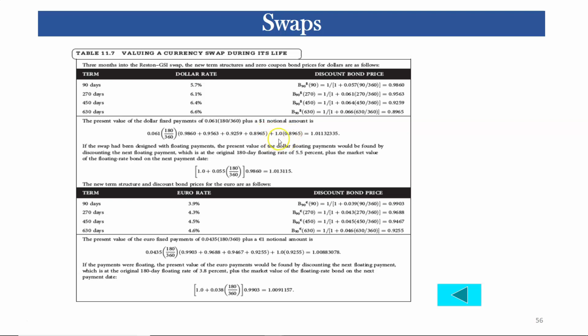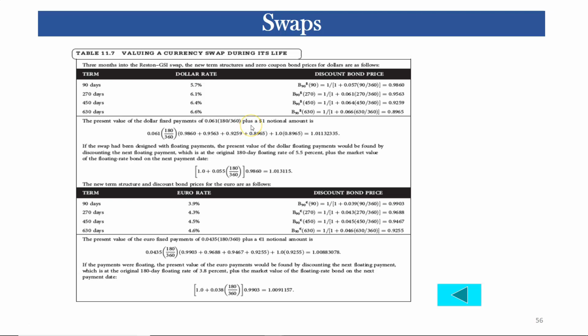So the present value of the interest on $1 at 6.1% over the term of the bond, that is the swap, plus the present value of $1 principal is equal to the present value of the fixed rate bond, that is 1.01132335. That is the price of the fixed rate bond in dollars 90 days into the swap.